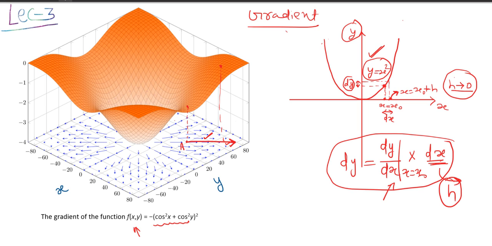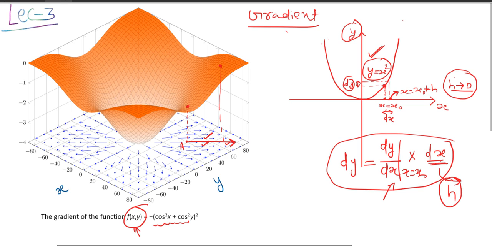This is not the exact direction; later we will see the gradient is a vector. The gradient gives you the direction in which the function is changing at a maximum rate, so the maximum change is happening in the function's value.